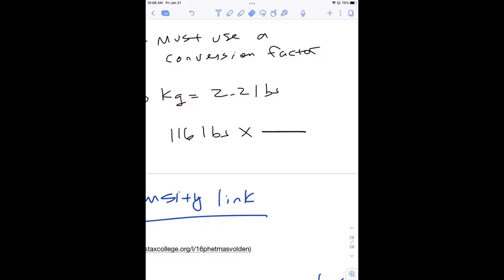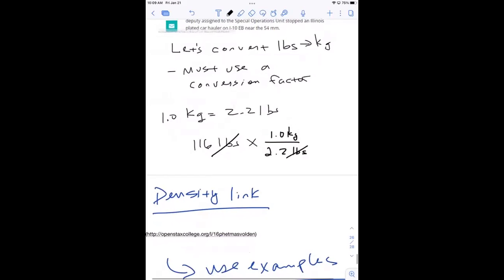So we want 1 kilogram over 2.2 pounds. So that pounds will cancel. Anytime you're trying to convert between units, you want to make sure that the unit that you're converting to is in the top.